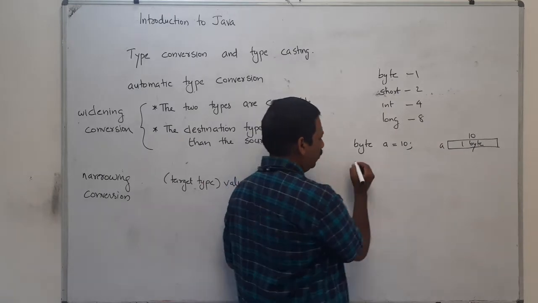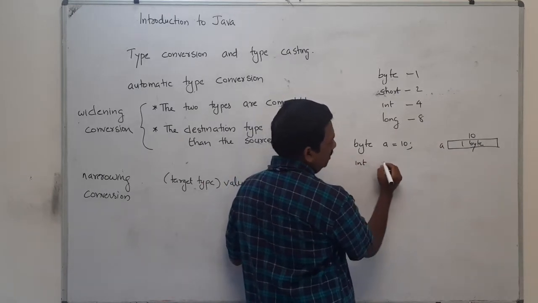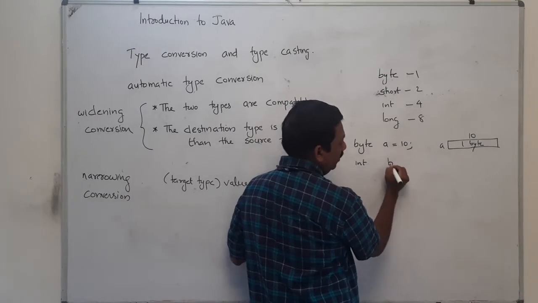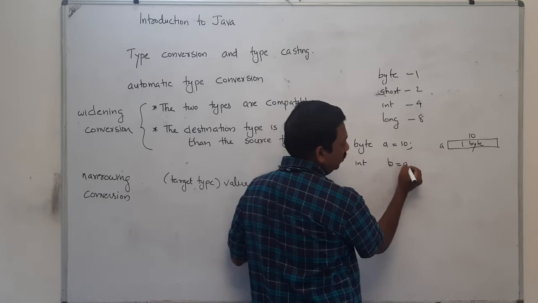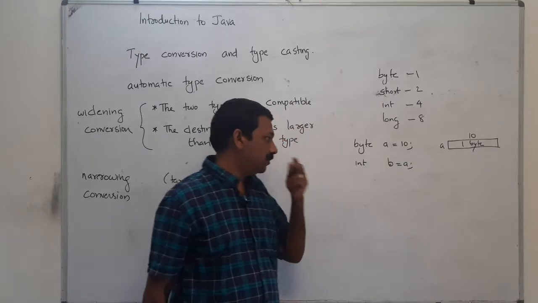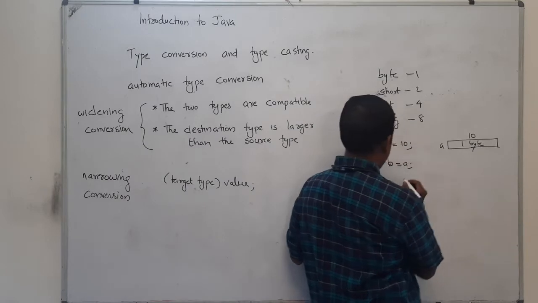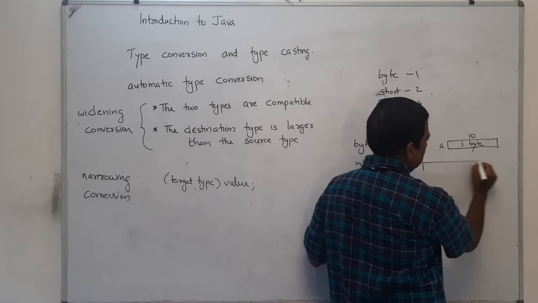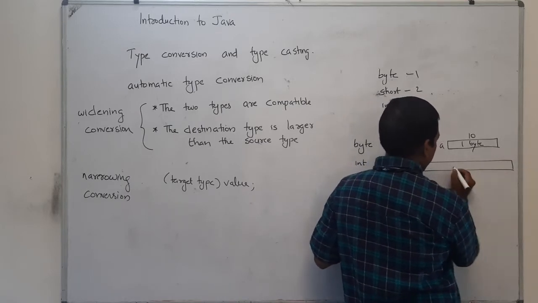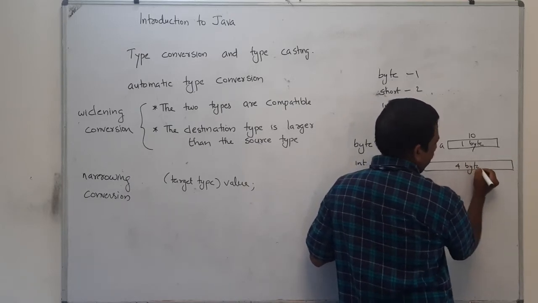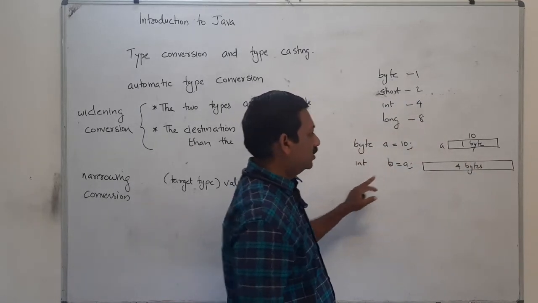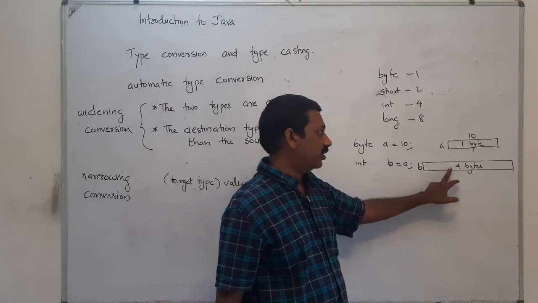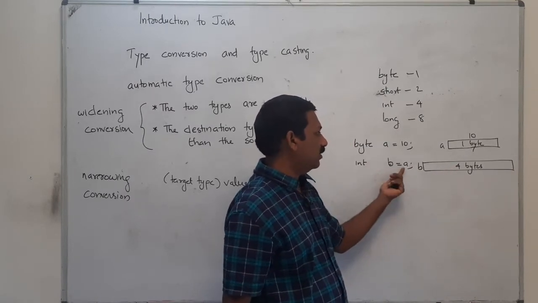Now I am going to have int b is equal to a. What will happen? An integer means 4 bytes will be allocated, and this is the variable b, with 4 bytes allocated for it.